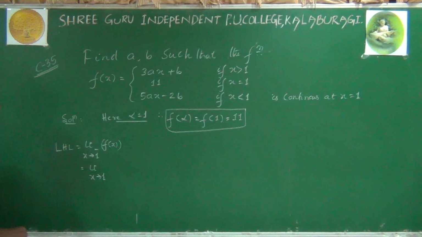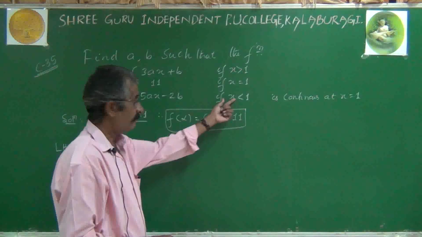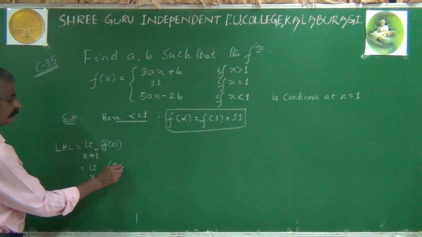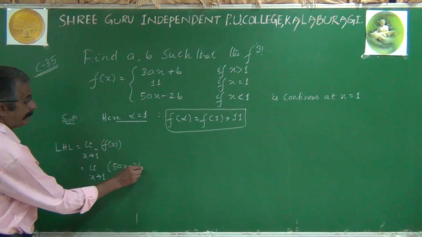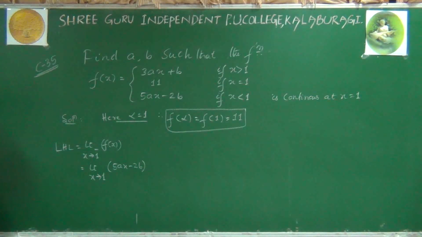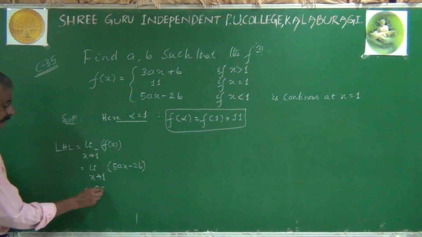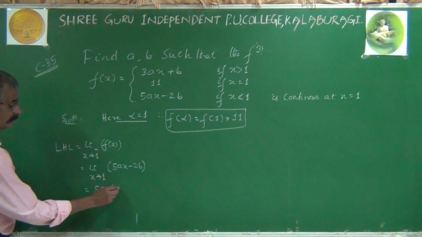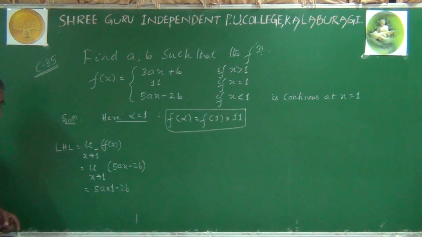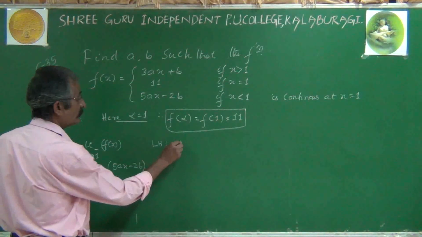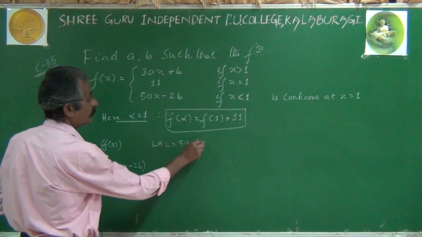When x is less than 1, the function is 5ax minus 2b. Now replace x by 1. On replacing x by 1, 5a into 1 minus 2b, that is 5a minus 2b. Therefore, left hand limit equals 5a minus 2b.